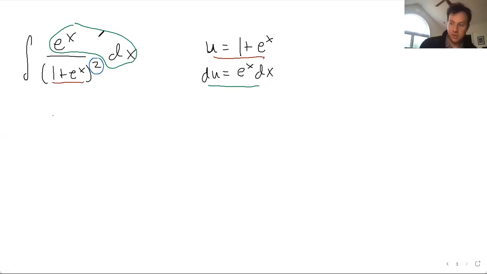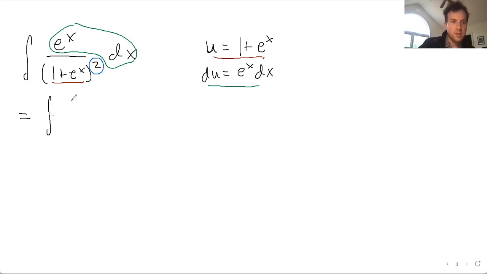When we have the inside thing as u, the thing that is outside just sticks around. Because du equals e to the x dx, that matches exactly with what is in our integral. We don't have to move any constants around. We can just go for it.